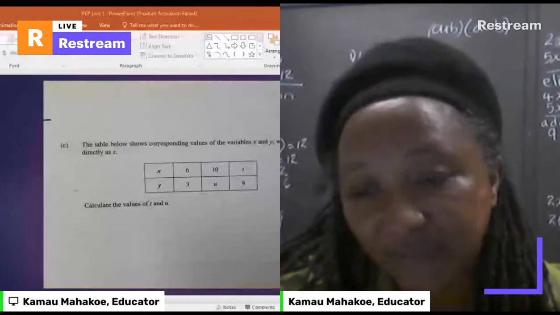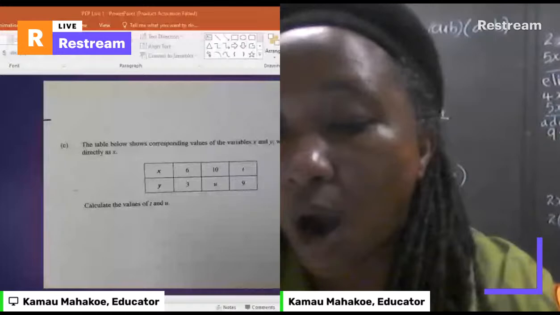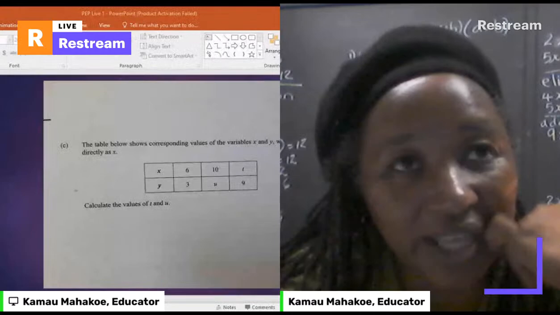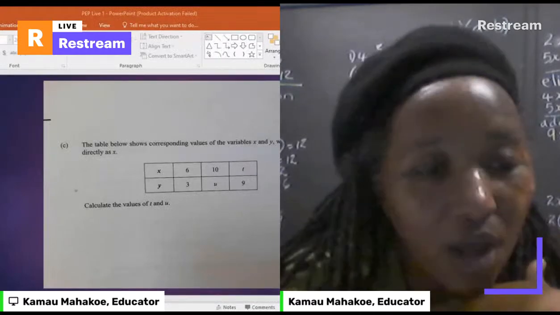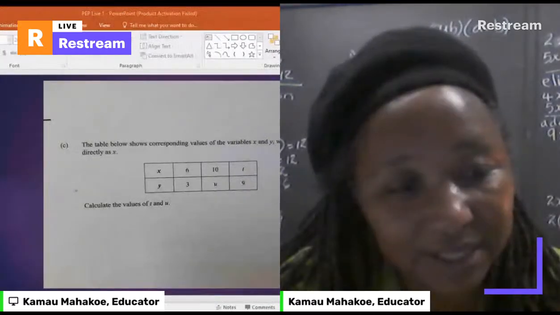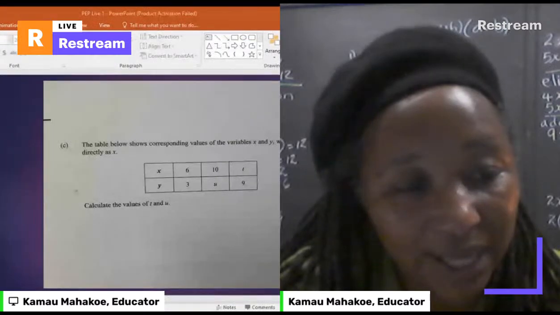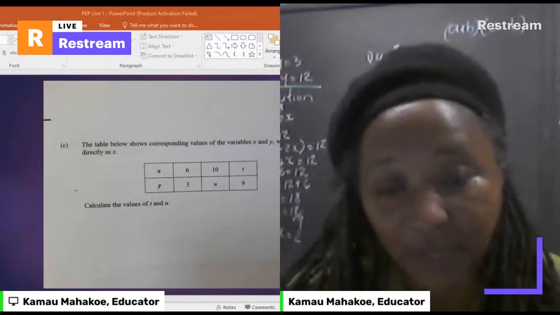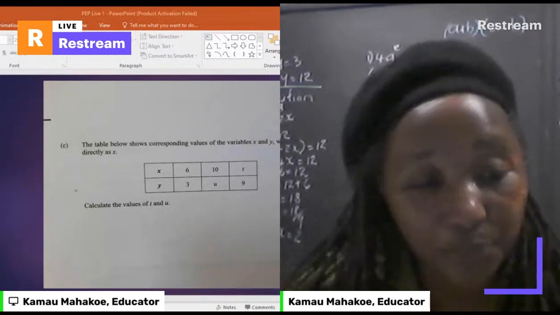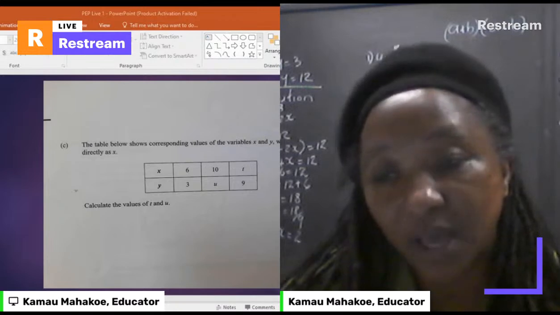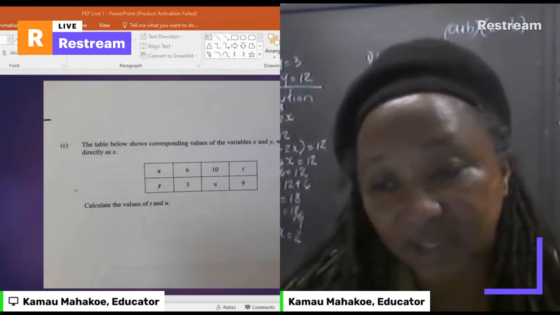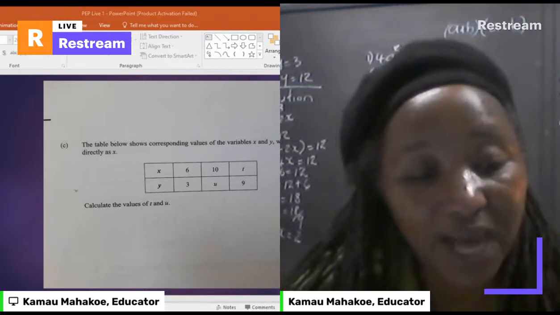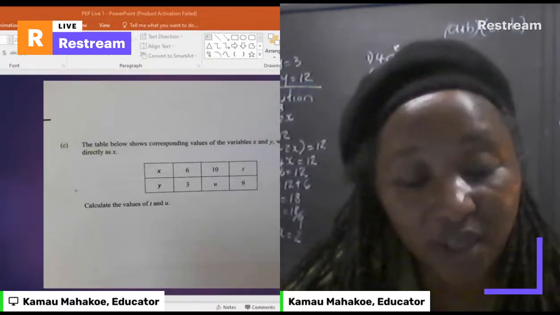All we need to find out is, first of all, what is the constant quotient? And what we mean by that is, what are we doing to x to get y? And once we figure that out, we can do it to all the x's to get all the y's, because they are directly proportional. The y varies directly as x. We can use one pair of them to figure out what is happening to the other variable.